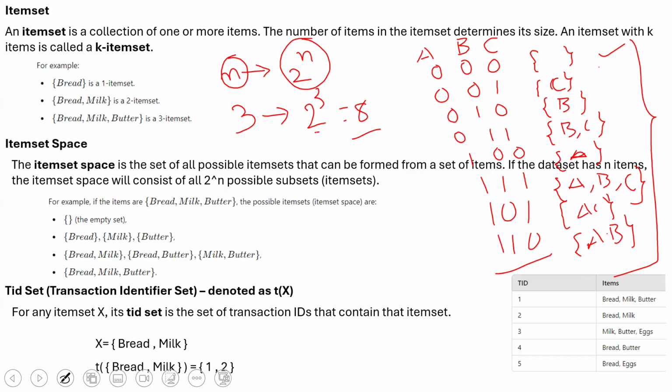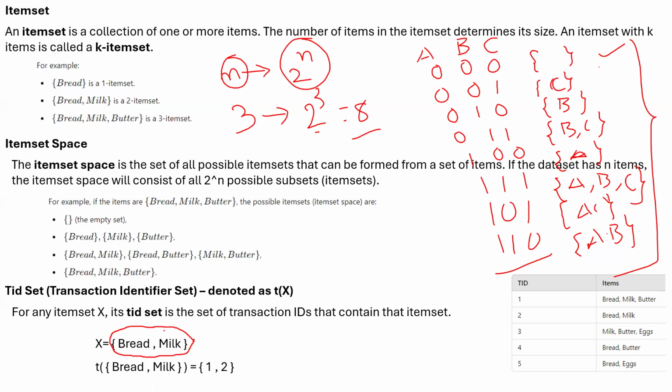Okay, and then we are talking about transactional identifier set. TID set is nothing but, let's suppose you are given an item set. Okay, so this is an item set, bread and milk. What is transactional identifier set? TID is in which all transactions this combination has happened. Let's suppose this is the transactional database that is given to you, and this is the item set that is given to you.